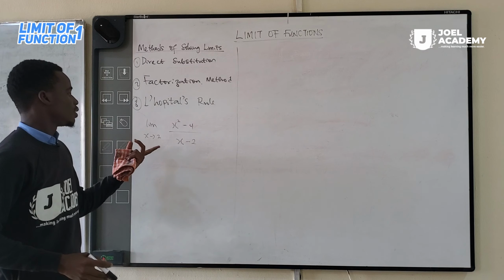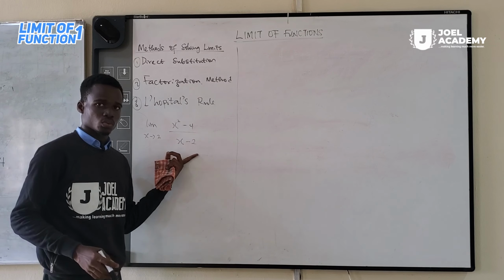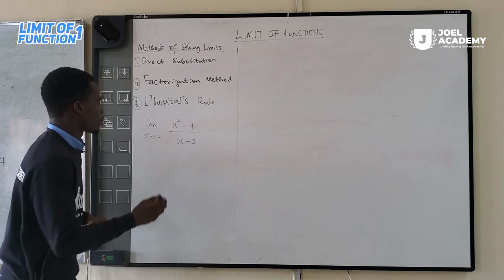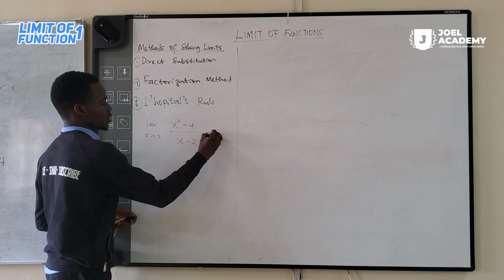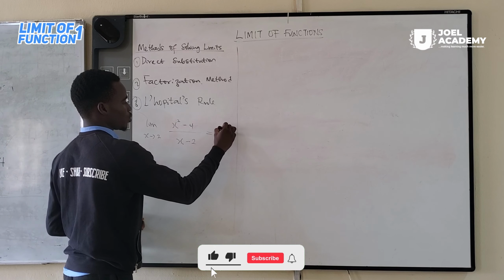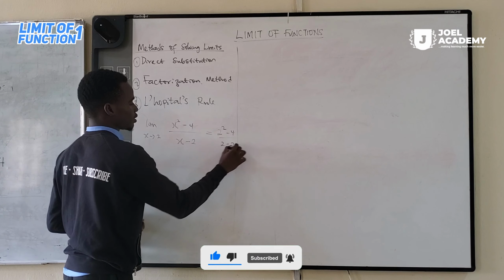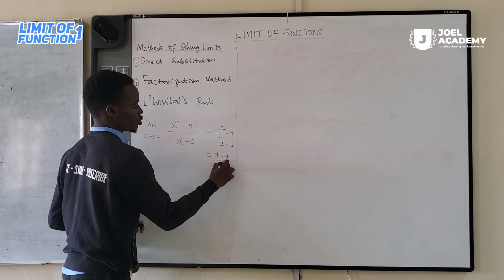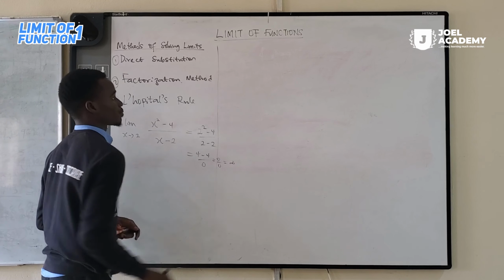When we try to substitute directly, where we see x, we put 2. We'll be having 2 squared minus 4 over 2 minus 2, which is 4 minus 4 over 2 minus 2, which gives us 0 over 0, which is equal to infinity.